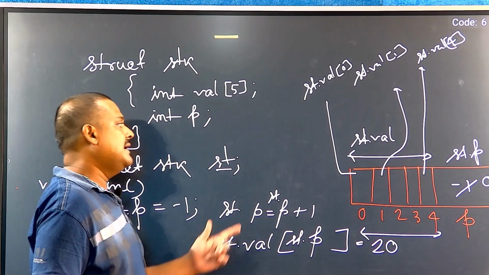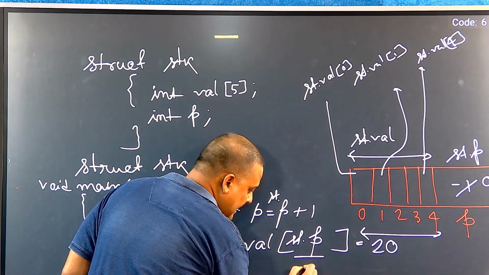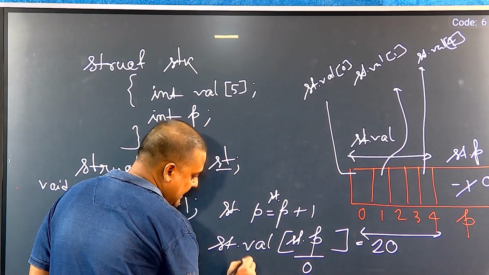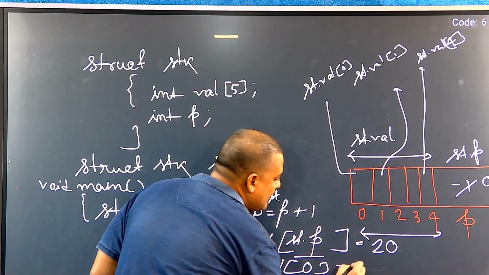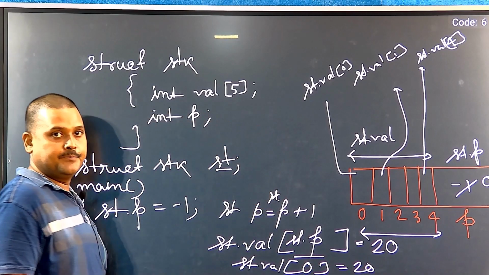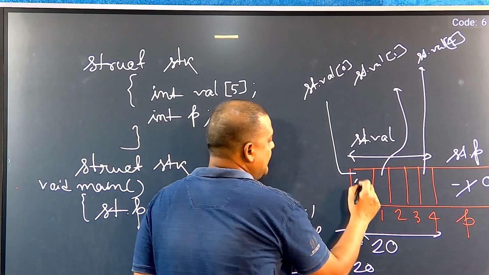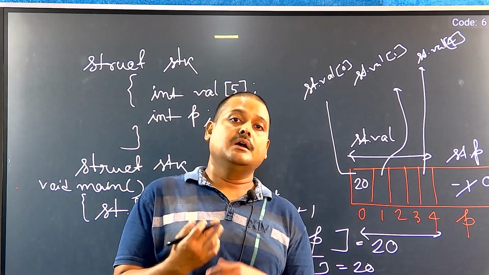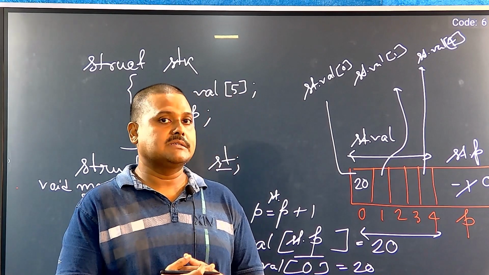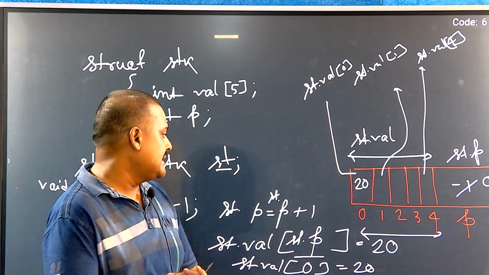We have incremented the value of P. So, that means this is representing 0, that means st.val[0] will be assigned 20. This way the value 20 will be assigned here. We will define a function where we implement all these things, the push function.